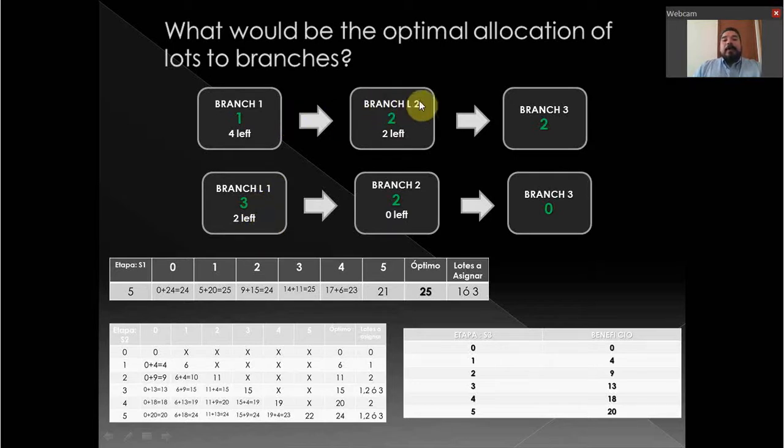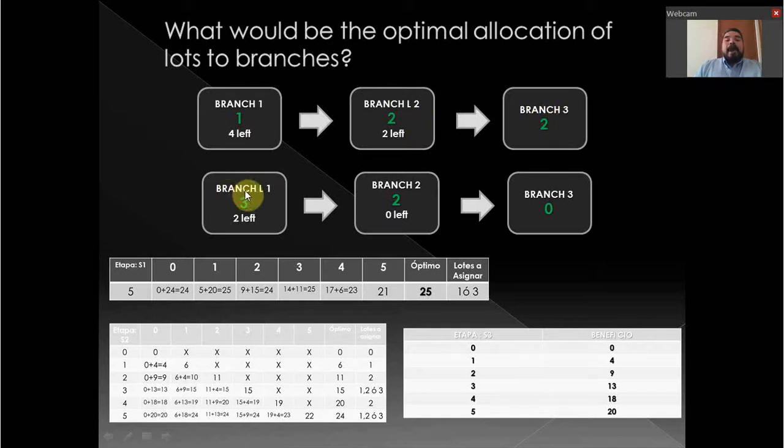At branch number 2, I will assign another 2 lots, and I will have 2 lots left. And at branch number 3, I will assign these 2 lots left. So for the first solution, 1 lot for branch number 1, 2 lots for branch number 2, and 2 lots for branch number 3.